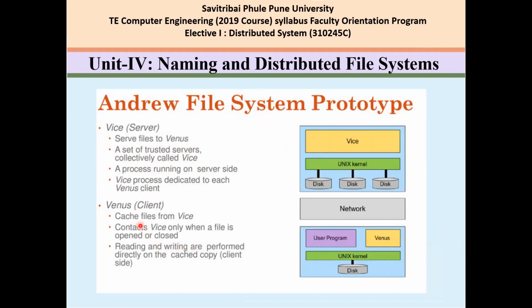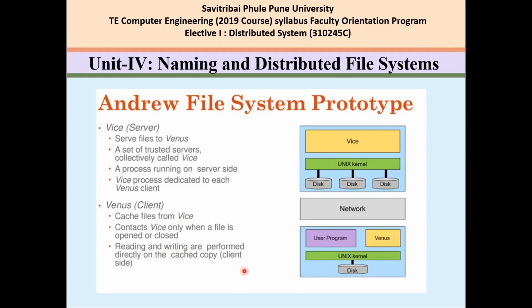And about Venus, it caches files from Vice. It works on the cache copy present on the client side, so reading and writing are performed directly on the cache copy. Why is it done? Because, as we have seen in the important features of Andrew file system, the congestion or contention in the network, the traffic jam, is reduced to a much greater extent because work is done on the cache copy.